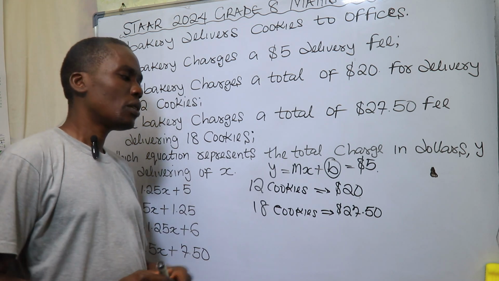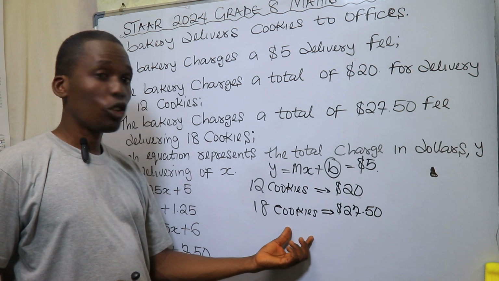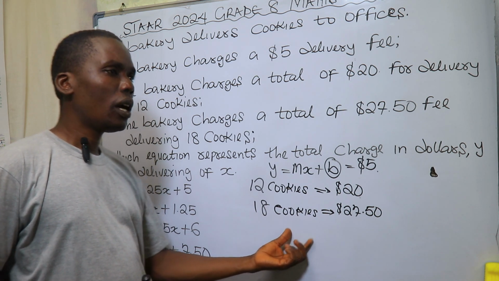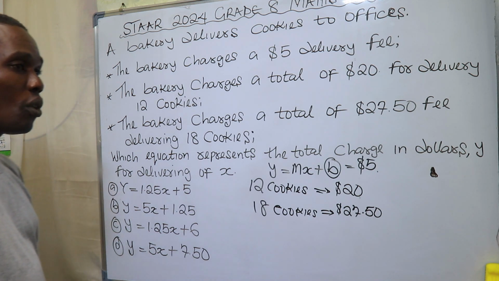We are going to let m be the cost per cookie, and we'll let y be the total cost.